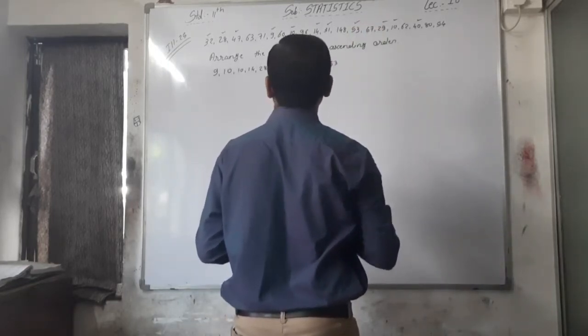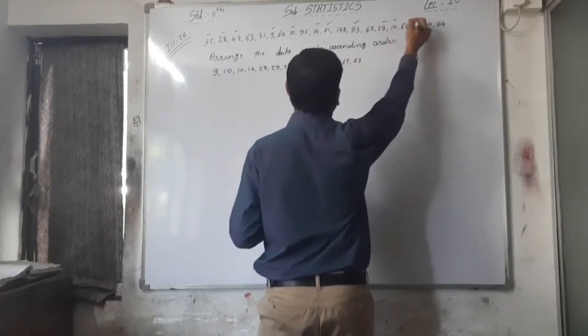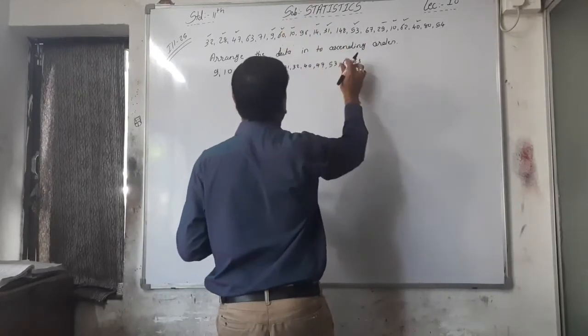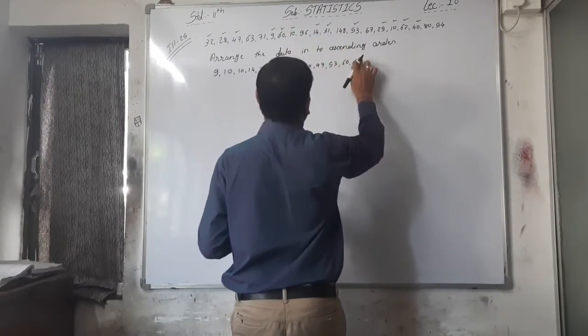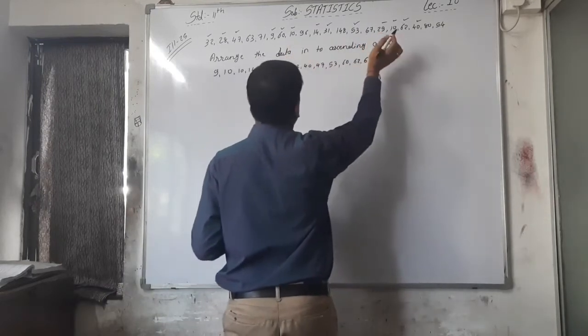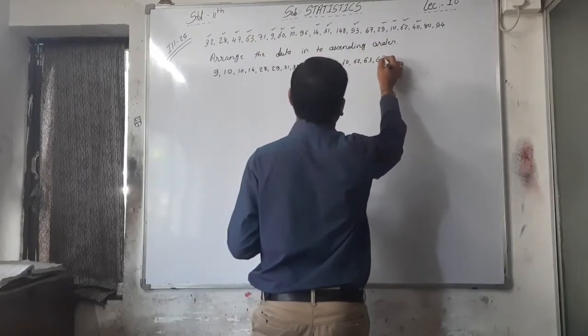Sorry, first 60 is here, so 60, then 62, then 63, then 67.